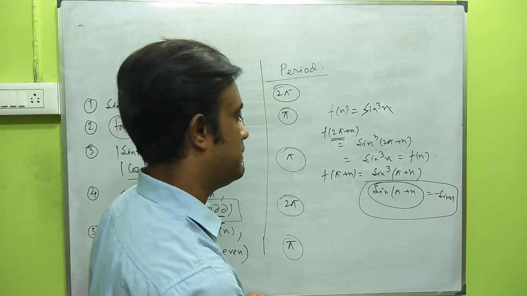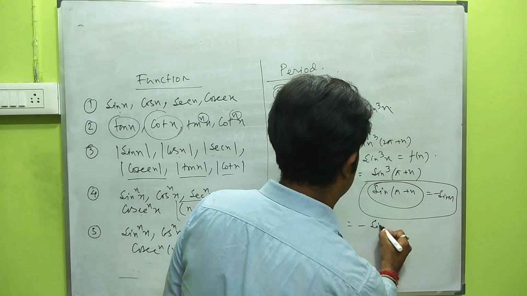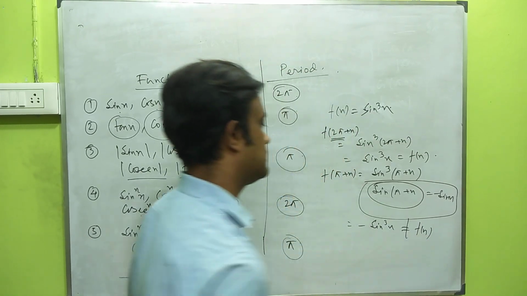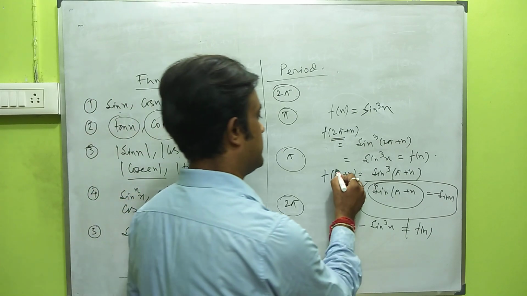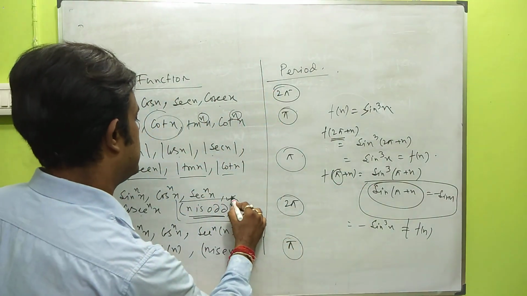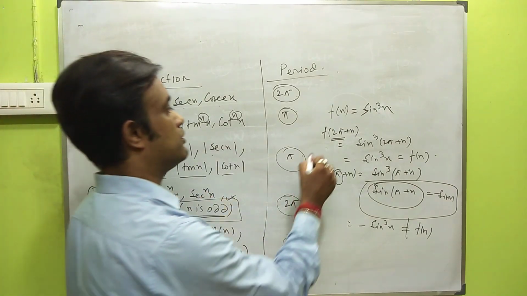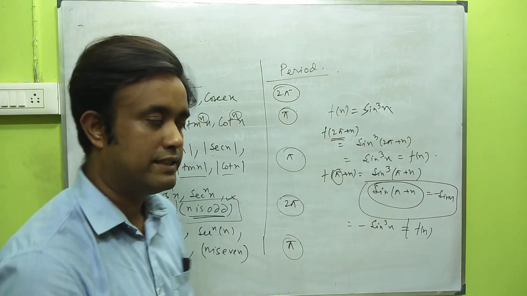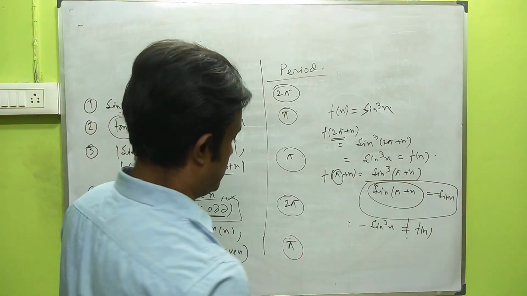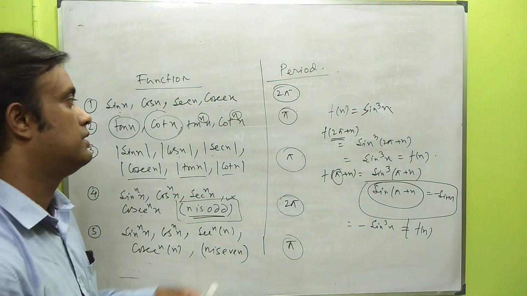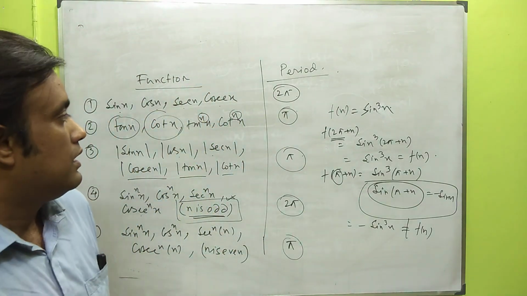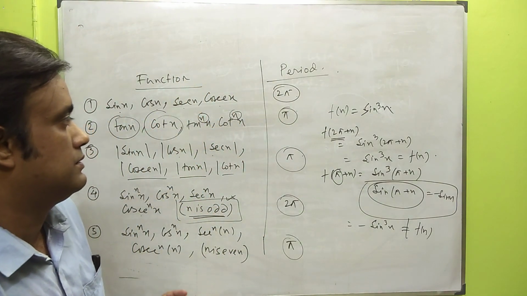So sin cube(π + x) will be minus sin cube x, which is not equal to f(x). So this cannot be the period of this function. So for n odd, the period will be 2π, and for n even, the period will be π. These types of periodic functions you must observe.